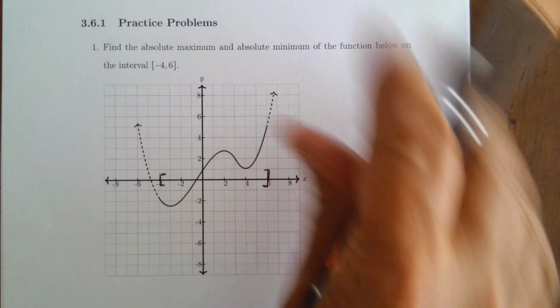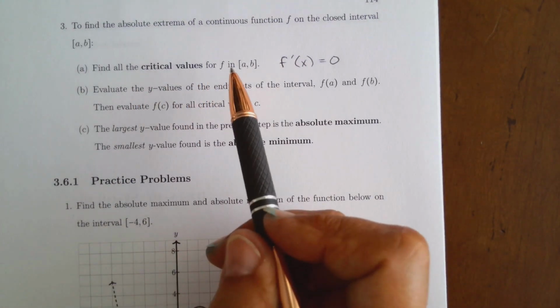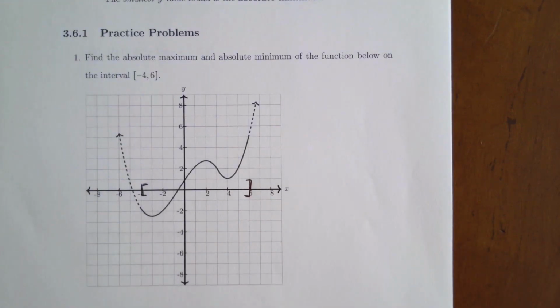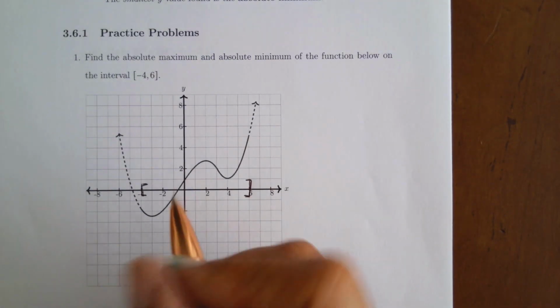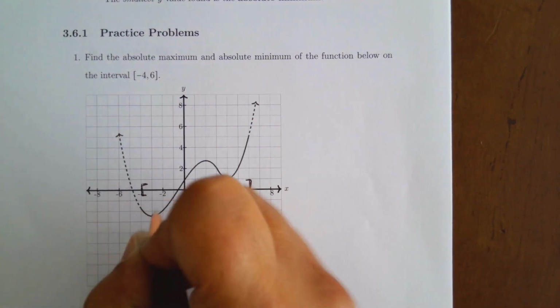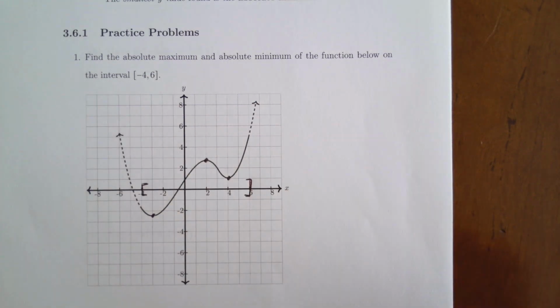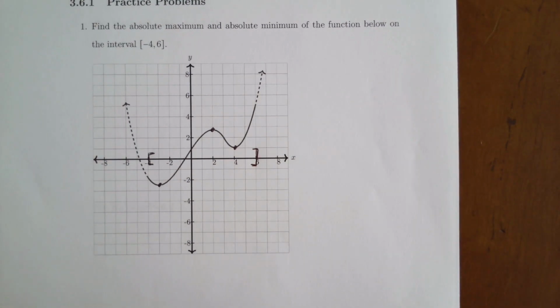So what this says to do up here, find all the critical values for f. So the critical values are where there's max and mins in your problem, where there's horizontal tangent lines. So here's one, and here's one. Okay? So these would be where the derivative equaled 0.